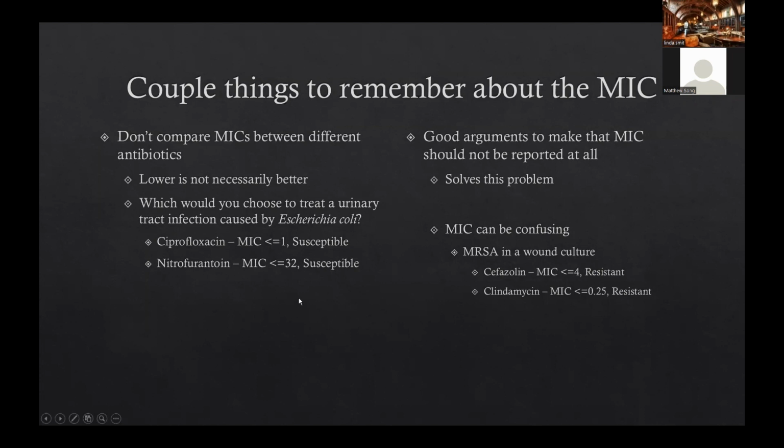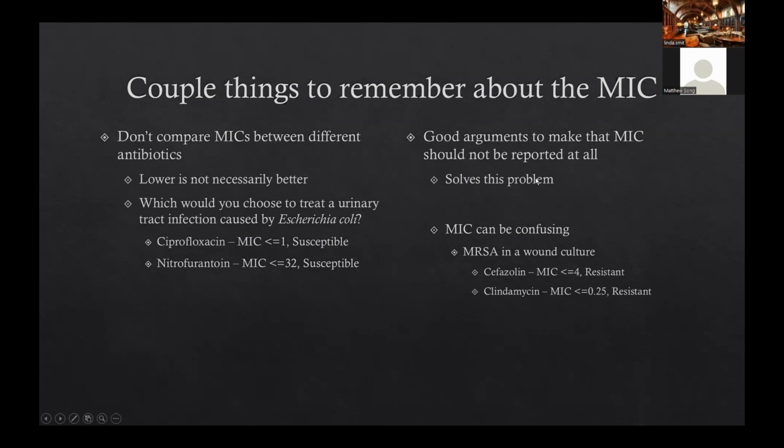And the doctor changes from nitrofurantoin to ciprofloxacin because it has a lower MIC. No, don't do that. You can't compare the numbers between two different types of drugs. Nitrofurantoin, the great majority of the time, would be a much better drug in this case than Cipro would. So don't think that the lowest number is the best drug to use.